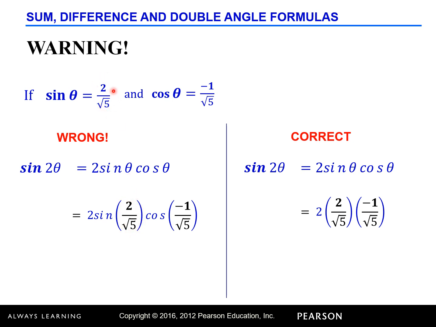This 2 over square root of 5 is the value of the whole expression sine theta, meaning the correct one is putting 2 over square root of 5 in the sine theta, and the cosine theta is negative 1 over square root of 5. Again, never put this value in the angle because that's not the value of the angle. These two are the values of sine theta and cosine theta respectively.